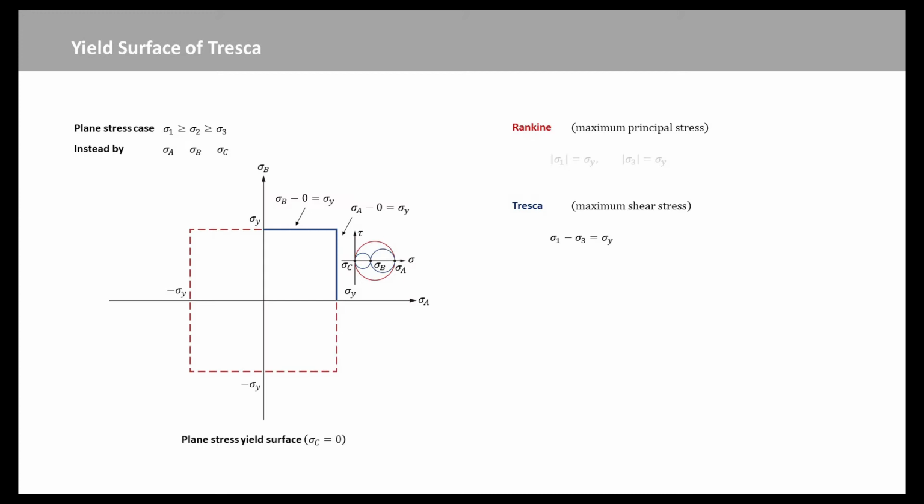In the top right quadrant of the graph, both sigma A and sigma B are positive, and so sigma C, which is equal to 0, is the minimum principal stress. The yield surface looks like this. But in the bottom right quadrant, sigma B is negative, and so sigma B is the minimum principal stress. That gives us a yield surface that looks like this. Repeating this process for the other two quadrants completes the Tresca yield surface.